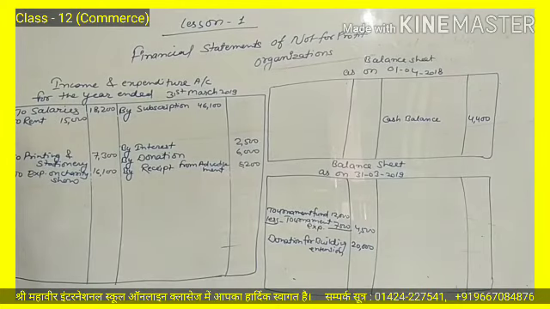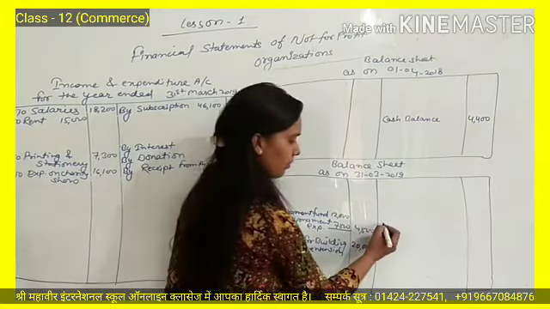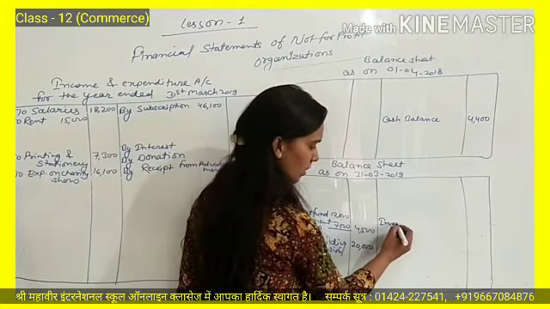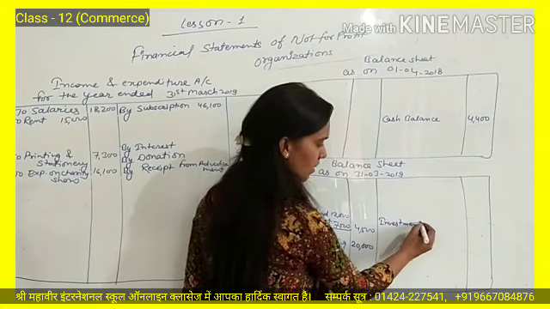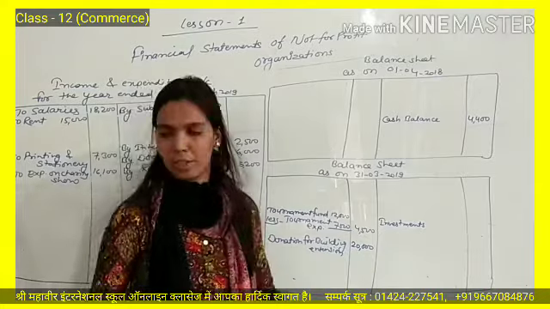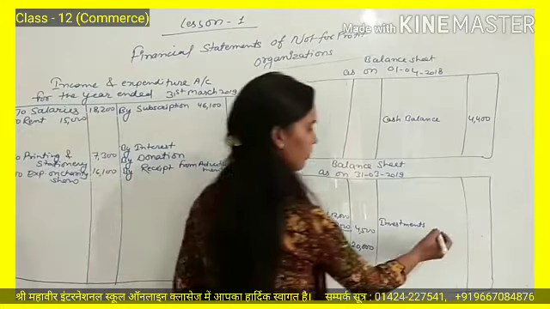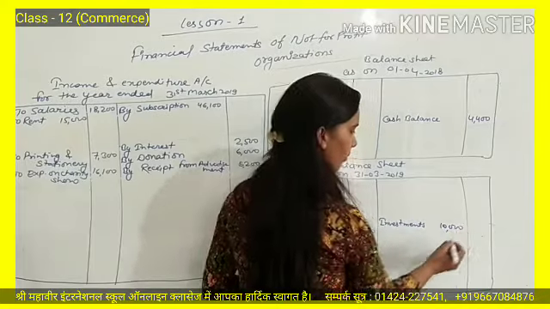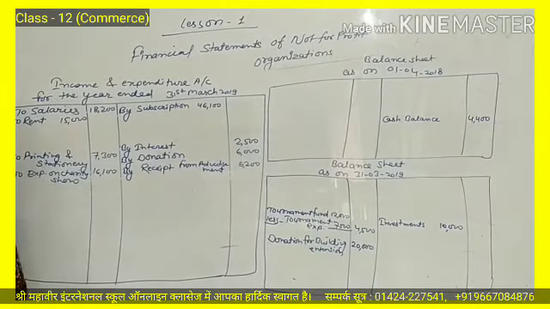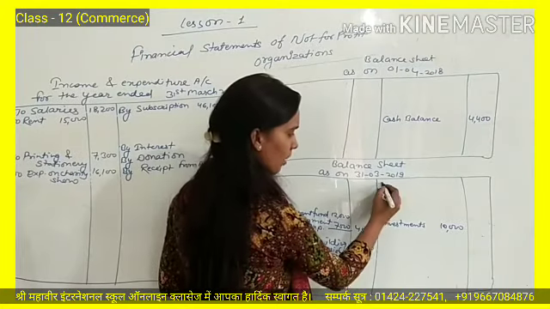Investment purchased. Investments, you know that investments we show in the balance sheet. I am writing investments in the inner column because we have additional information also related to investments. So the amount of investment is 10,000. Furniture will also be shown here.